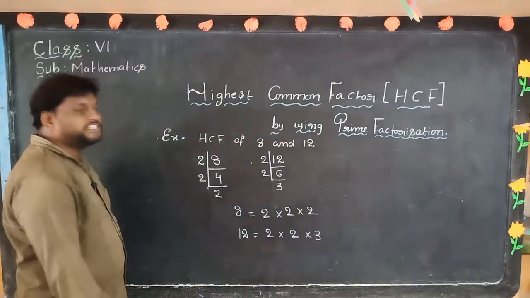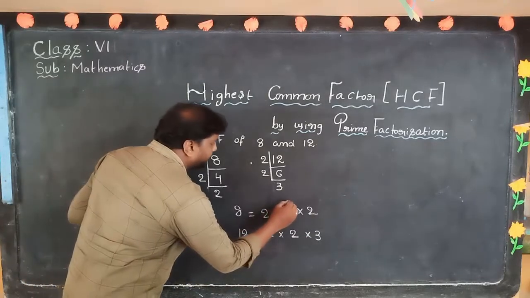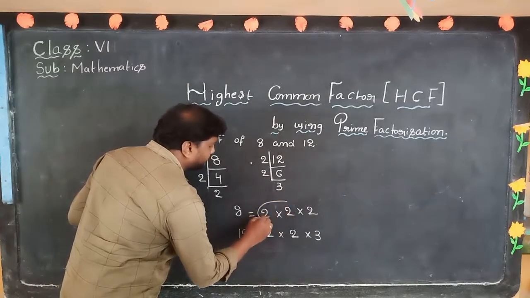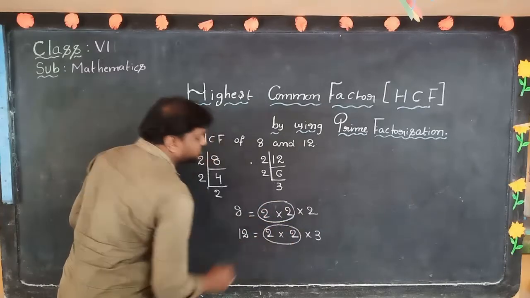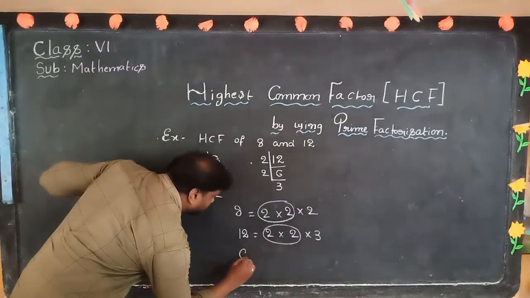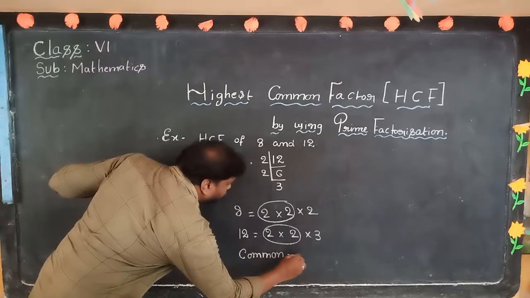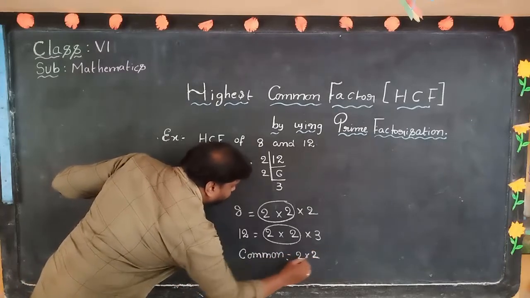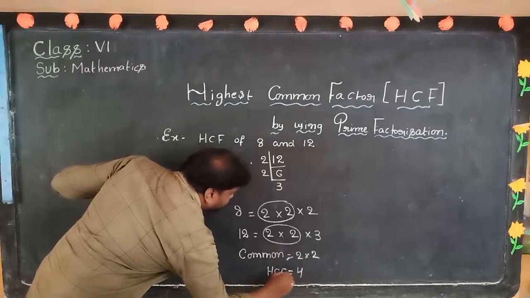In that, which is common? See, these two 2s are common. Okay, common factor. Common is equal to 2 into 2. Then HCF is equal to 2 2s are 4.